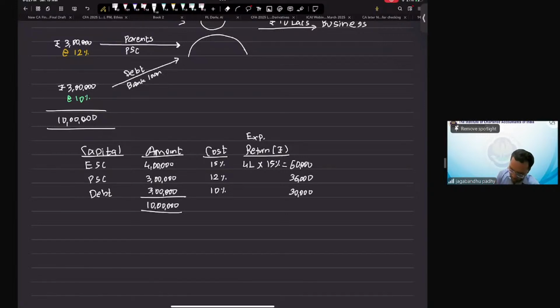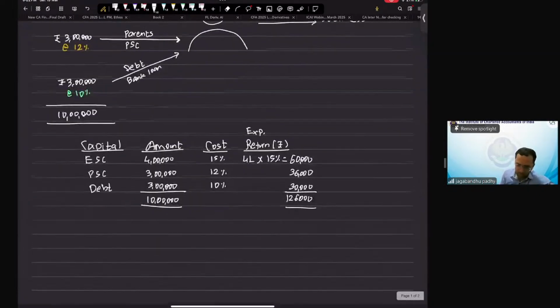So in total, on this entire 10 lakh, what is the total return that you need to pay to your financiers? Yep. Can I say it's 1 lakh 26,000?